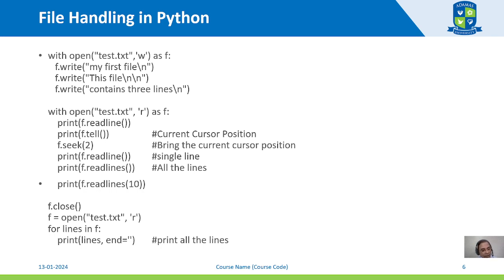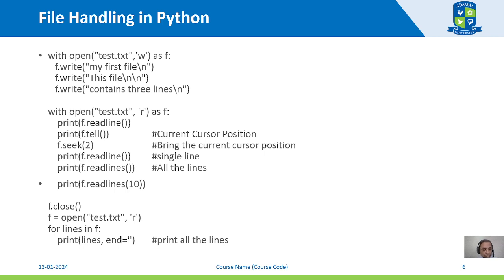Now in this last example, for lines in f. Lines is a variable name we have given. In lines in f, in is the membership operator and f is an object for that particular file. That means it will stream.